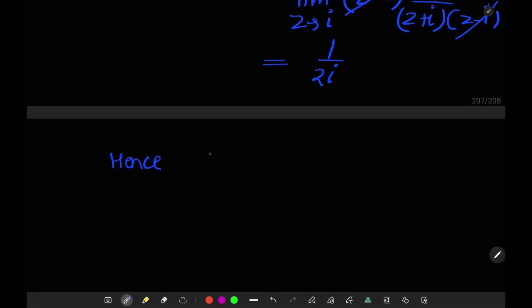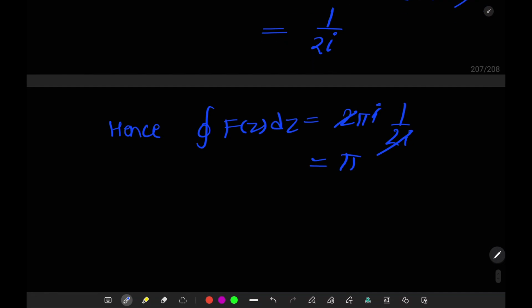Hence the integral of f(z) dz is equal to 2 pi i times the sum of residues, which is 1 by 2 iota, and this is cancelled out by this, equals to pi.